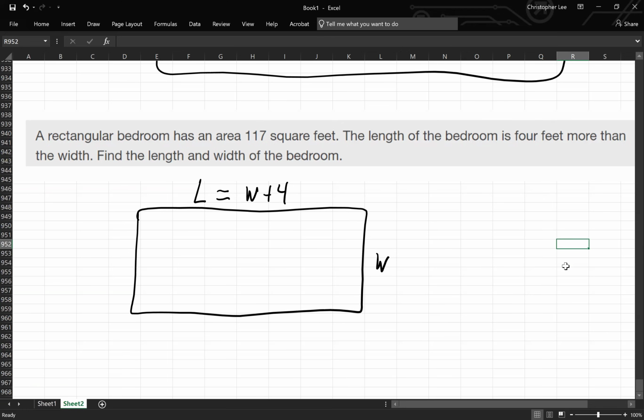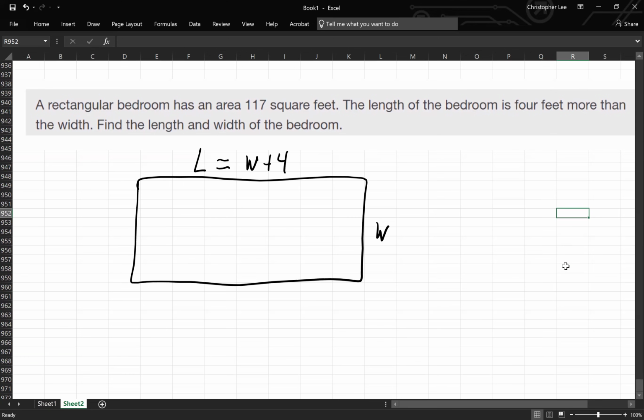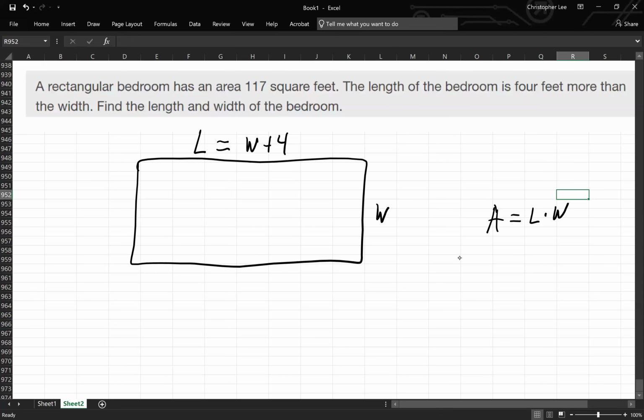Now you know to get the square feet, you multiply length times width, right? Area for a rectangle is equal to length times width, right? Now we know what the area is. We know it's 117. We know what the length is. It's actually W plus 4. And we know what the width is. That's just W. Light work. Distribute.